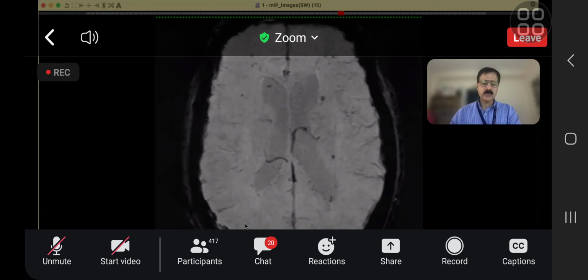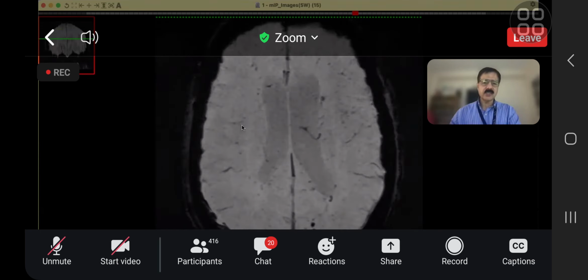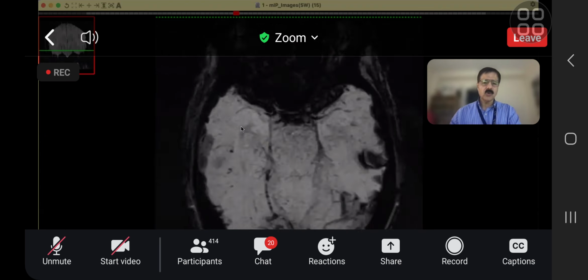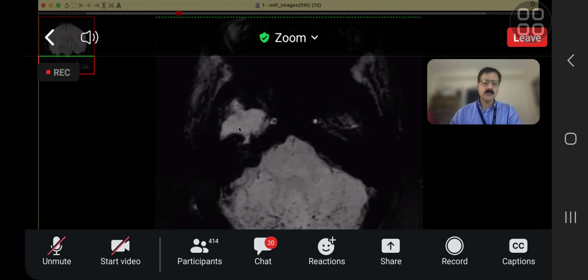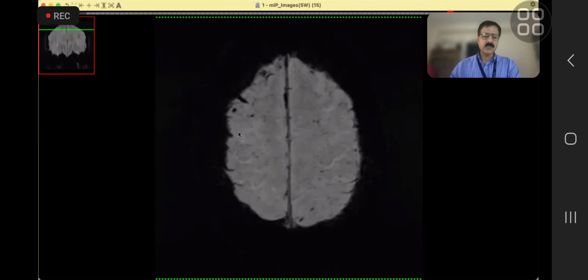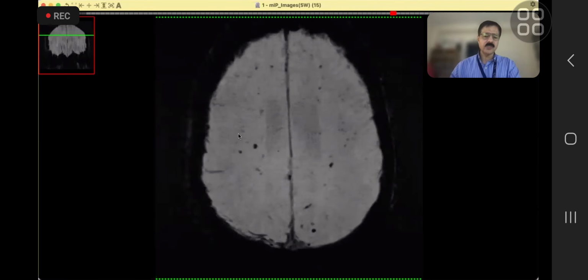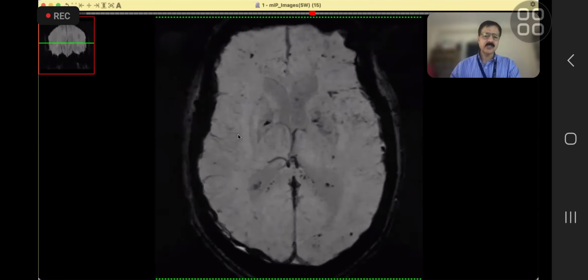In this case, the patient was shifted from somewhere where MR was not available, and there were non-specific high signal intensity foci on FLAIR. One cannot vouch for more than that. But on this sequence, you can see innumerable low signal intensity foci.